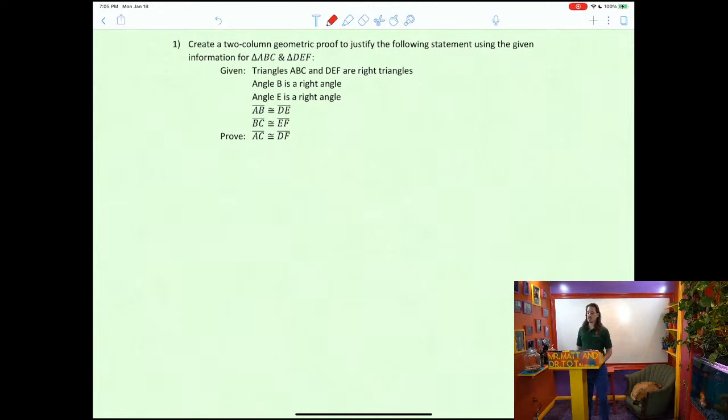So side angle side and side side side are both similarity and congruence postulates. In addition, we have the angle side angle and the angle angle side congruency postulates. So if you have an angle, the included side, and another angle that are congruent, then you know that the triangles overall are congruent.